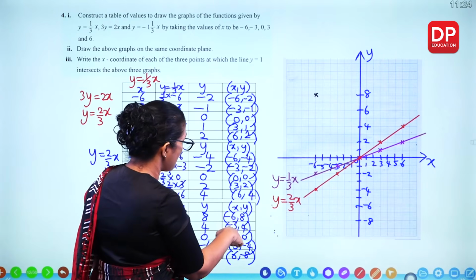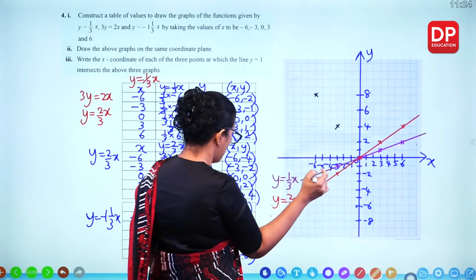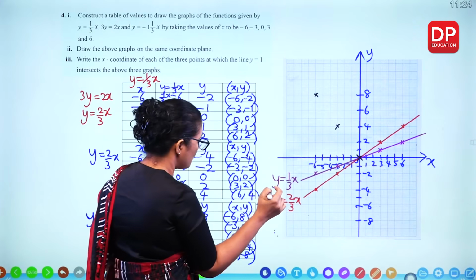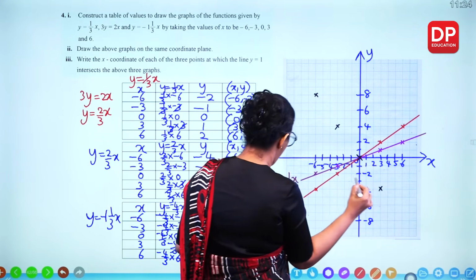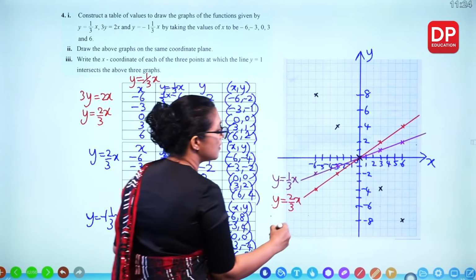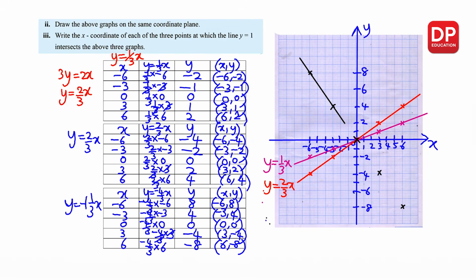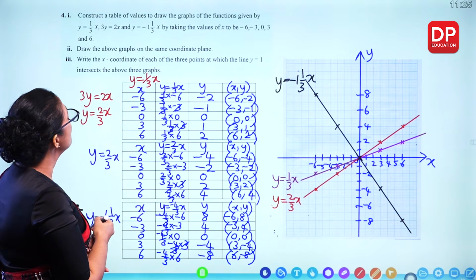Here minus 3 with 4. 0, 0. 3 with minus 4 and 6 with minus 8. Now connect with a ruler. You get this line. What's the line? y equals minus 1 and 1/3 x. So these are the 3 graphs.